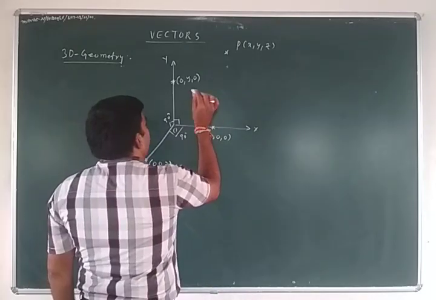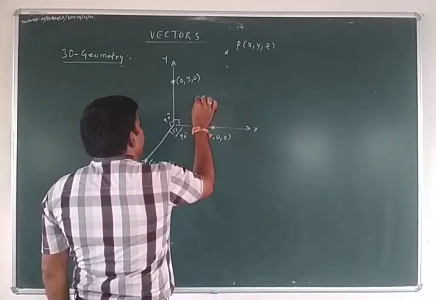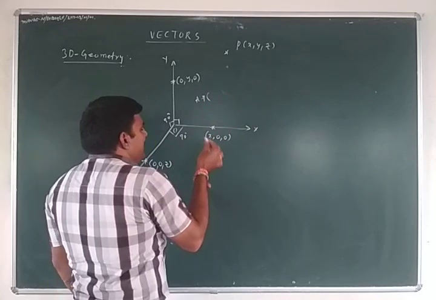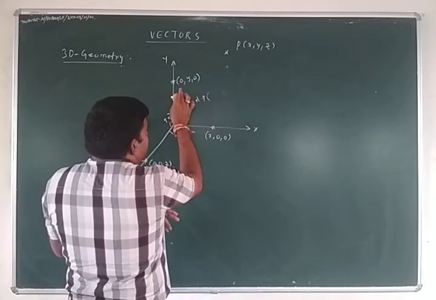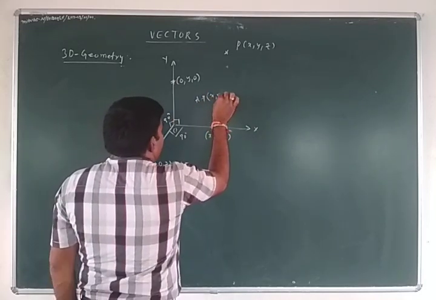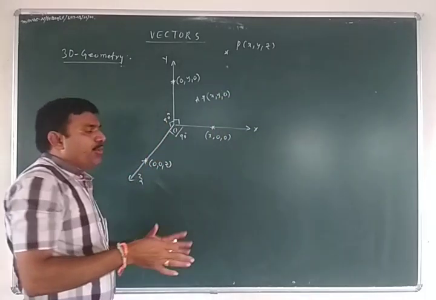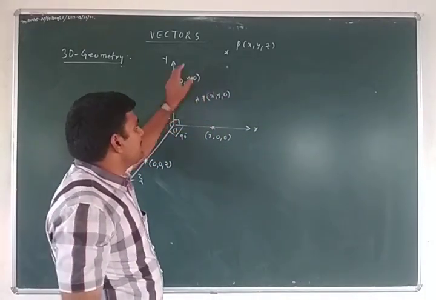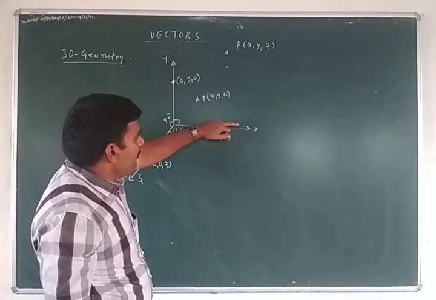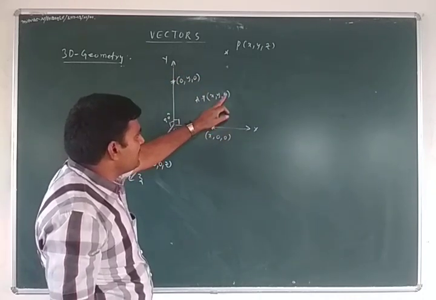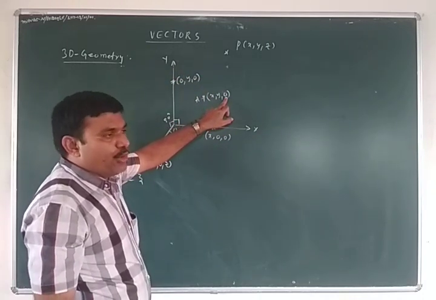But suppose here I have one point. That means if the point lies on the xy plane, the z value is 0. So a point lies on the xy plane means the z coordinate is 0.